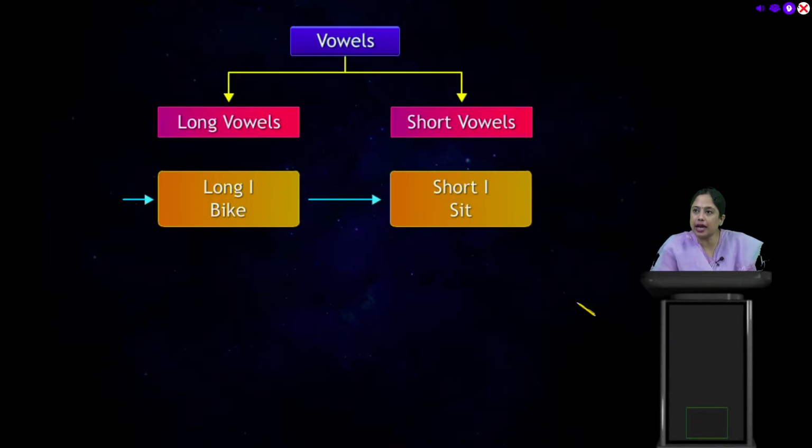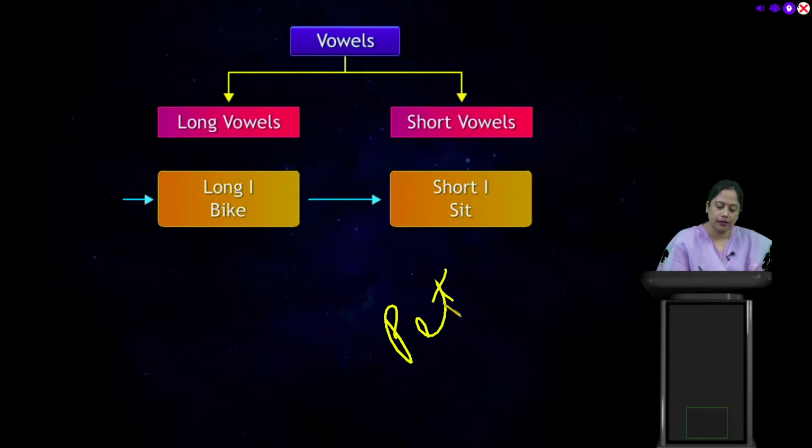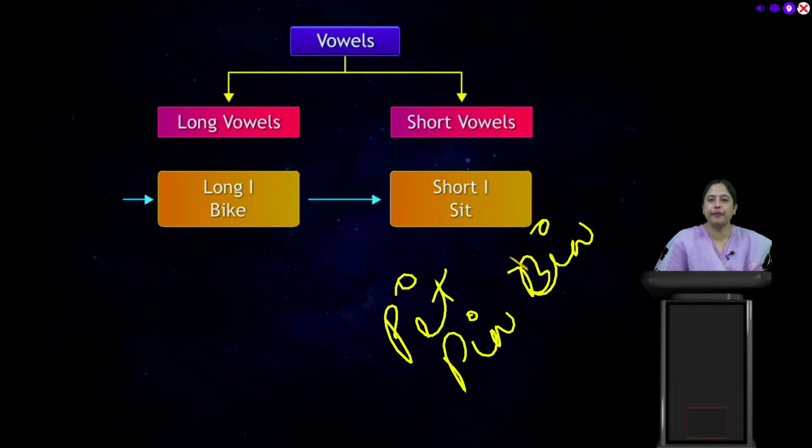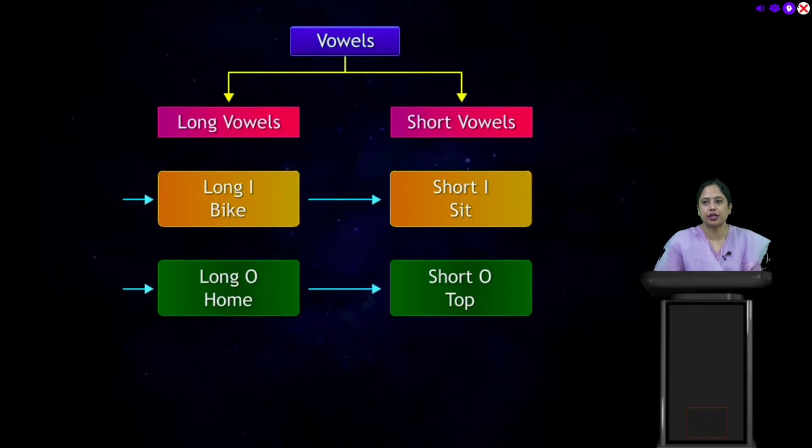Then we have the short I sound, which is sit, pit, pin, bin. Okay, there is no stretch in it. We have the O sound, the longer O sound, as in home. Okay, sometimes it is produced as A, as in onion, union.